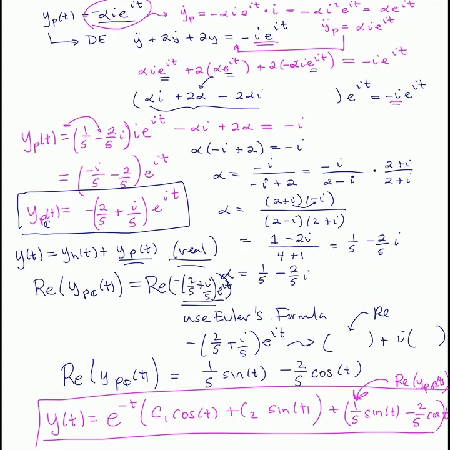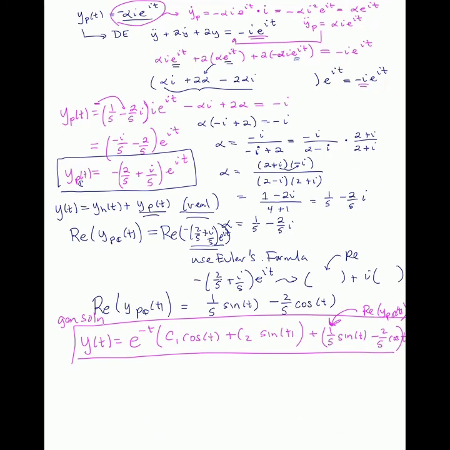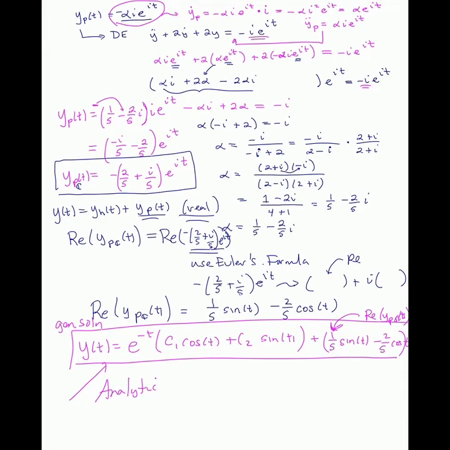So there's the general solution to the differential equation, using the idea of complexifying the forcing function. So here's the analytic solution. And this idea of complexifying will show us how to get general solutions to the mass spring damper, which will be the subject of the next video.